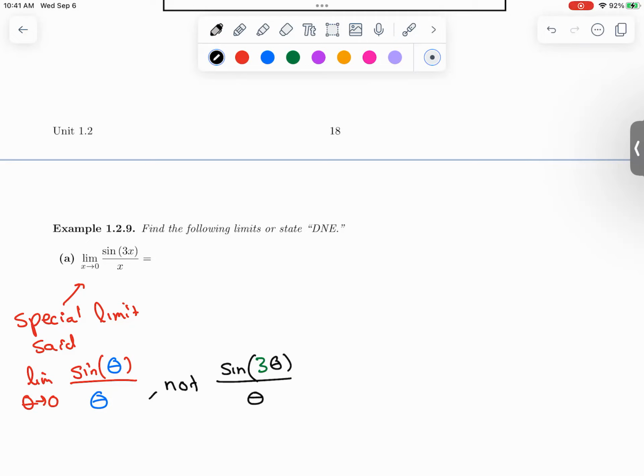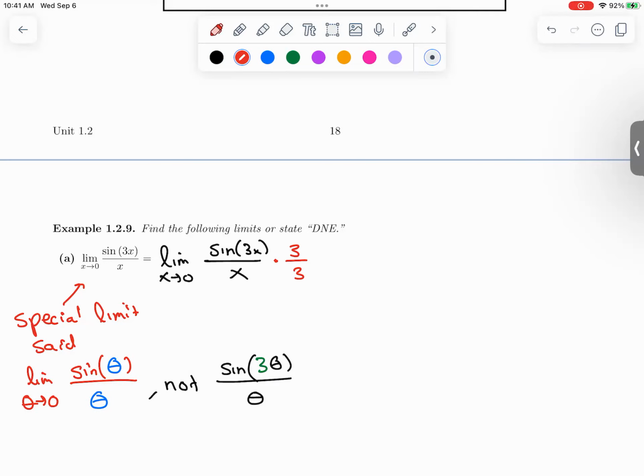Well, we do a little bit of hand waving, a little bit of jazz hands. I'm going to take this sine of 3x over x, and we're going to cleverly multiply by 1. We're going to multiply by 3 over 3.